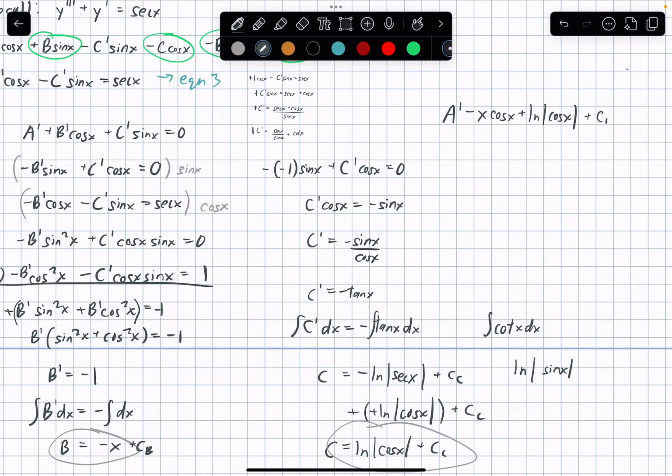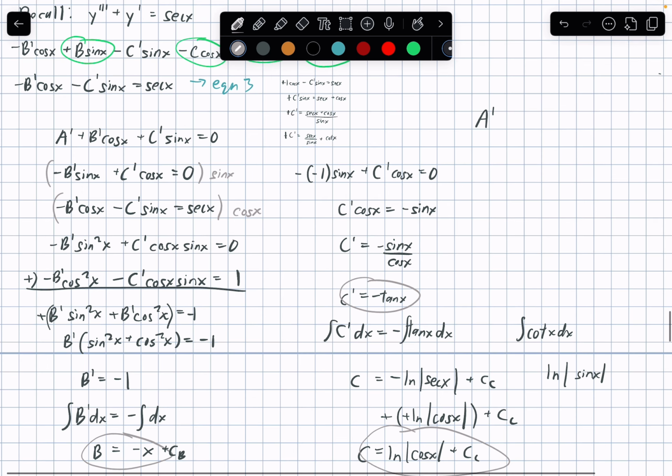Oh wait, sorry, that's for later. Right now we just substituted. Supposedly it's B prime and C prime, not B and C. Where are our B prime and C prime? C prime is this. B prime is this.